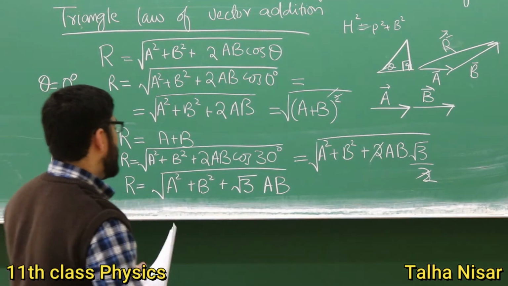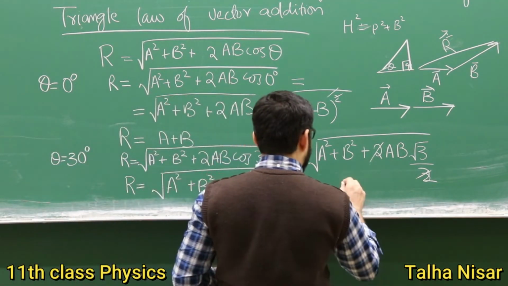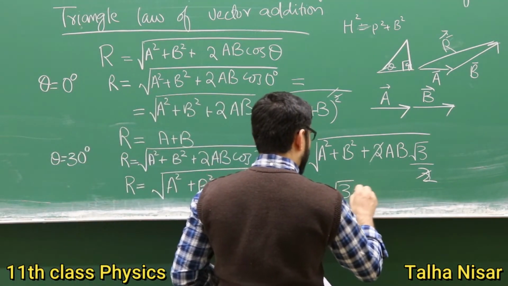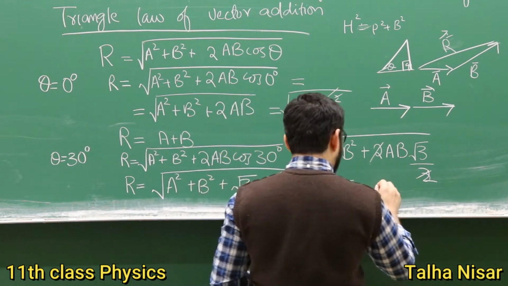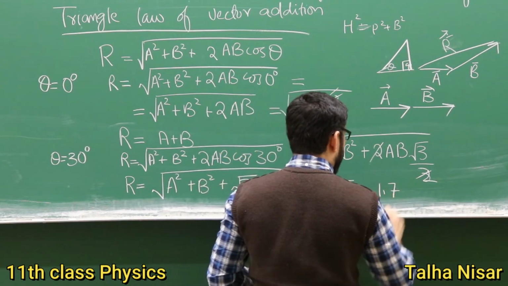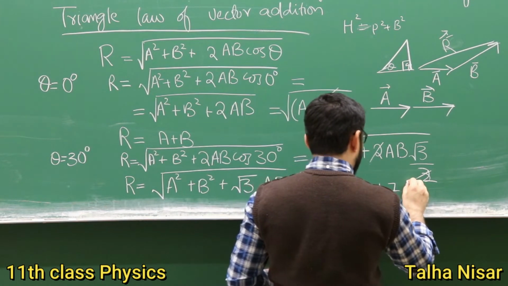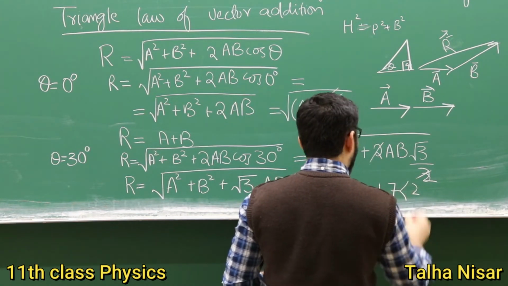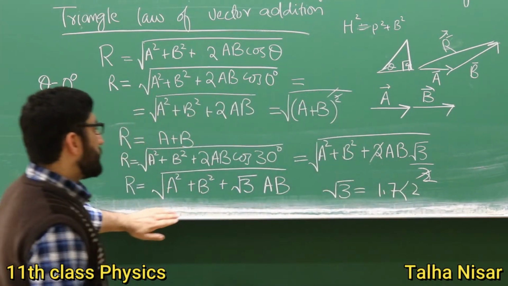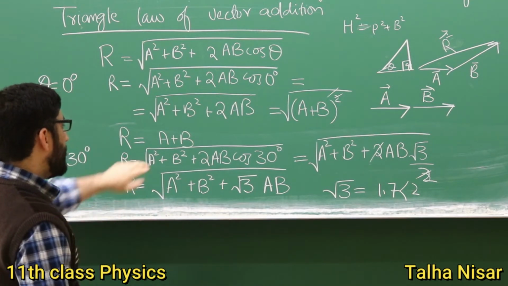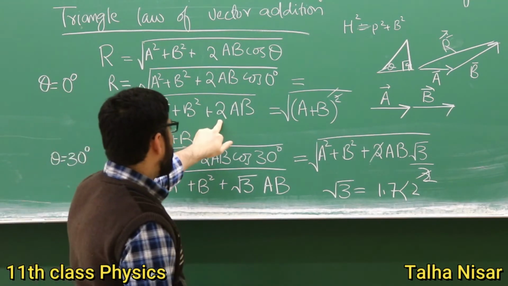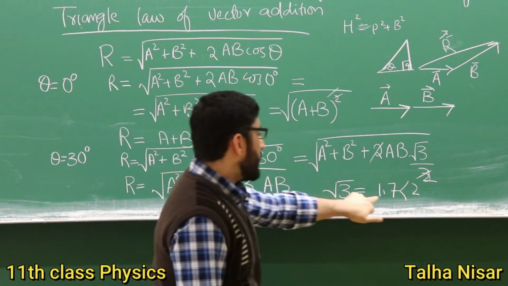So root 3 is 1.7, which is smaller than 2. The factor here was 2 when the angle between the two vectors was 0 degrees, but right now it's 1.7.